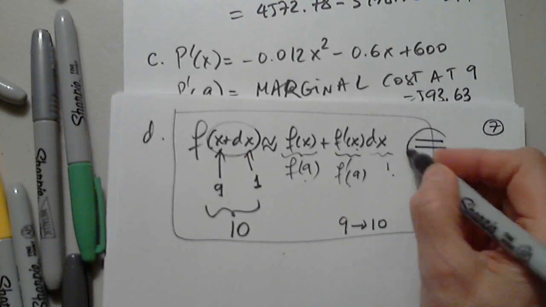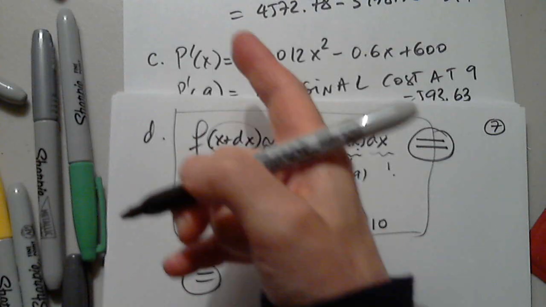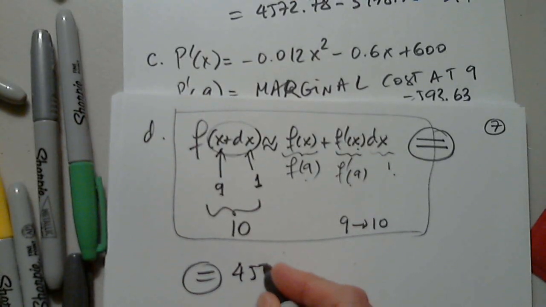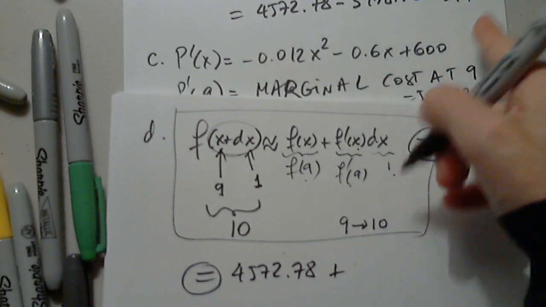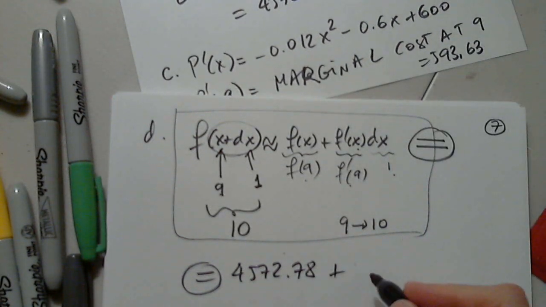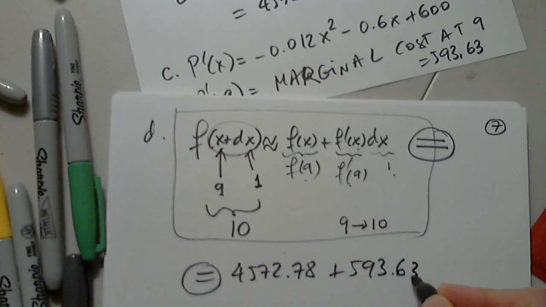So now here I can write the equal symbol, and I just copy 4572.78 plus 593.63 times 1.